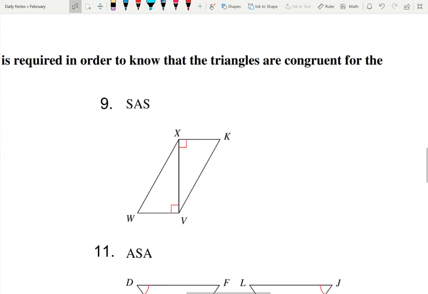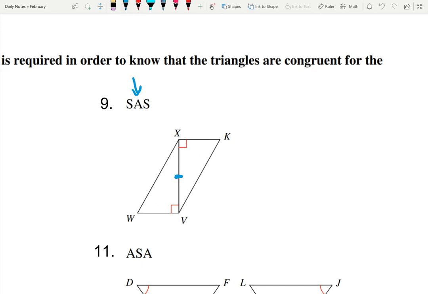Look at number 9, side, angle, side. So remember, we already have a shared side, so this counts as already one of them. So remember, if it's side, angle, side, the angle here is between two sides. So look at our angle, where we're at. We have that one on that triangle, this one on this triangle. Now, the angle would have to be between the two sides.